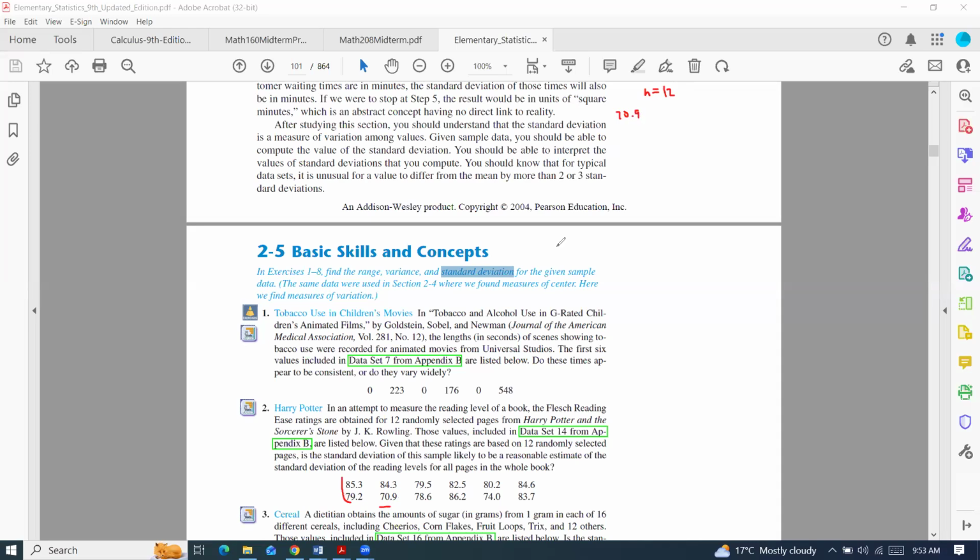The next will be 74, and then 78.6. So let me write it down: 74, 78.6. Turns out it's very important to prepare the sample to see what element will be in the middle.